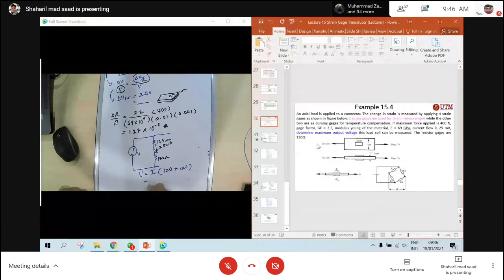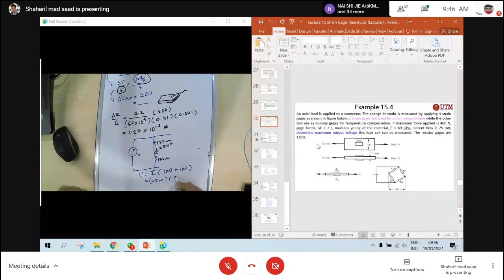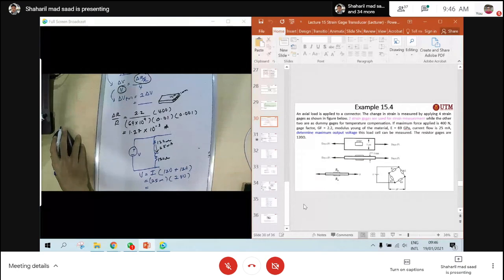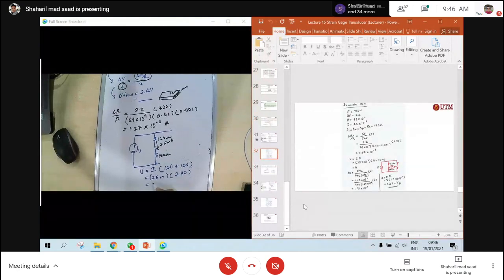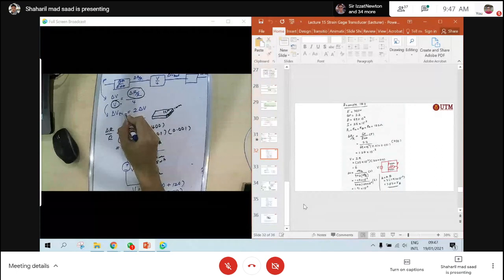V is 25 milliamp times 240 ohm. Then you will get the answer for V. Right, so the answer is 6 volt. This one is for the V. So we can apply to this one.